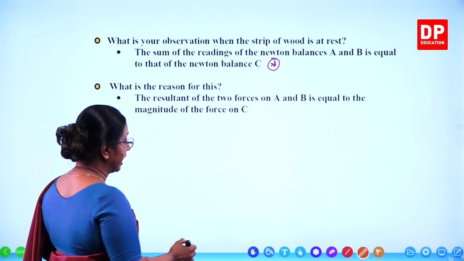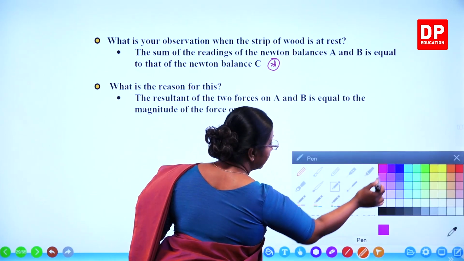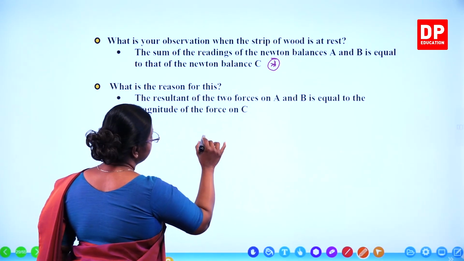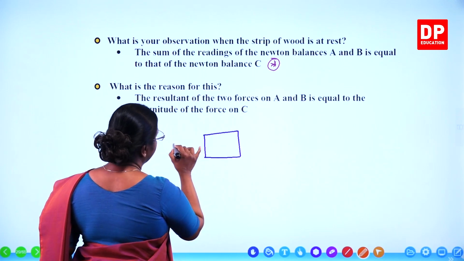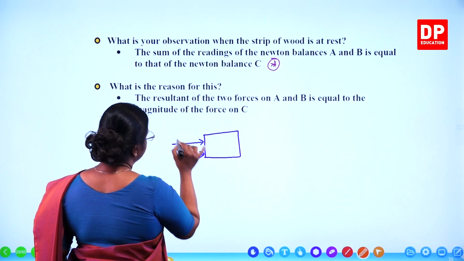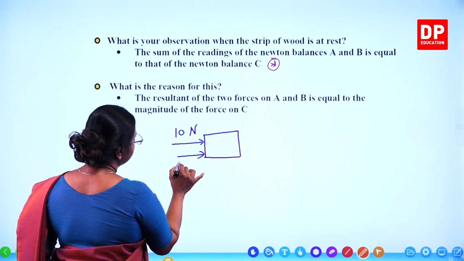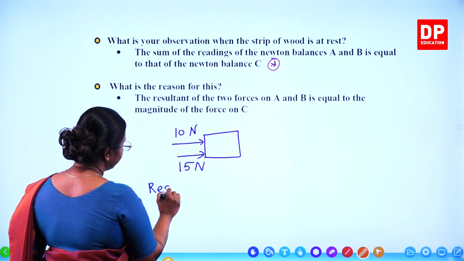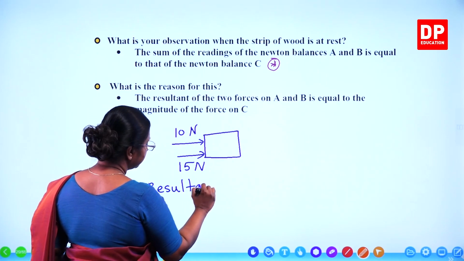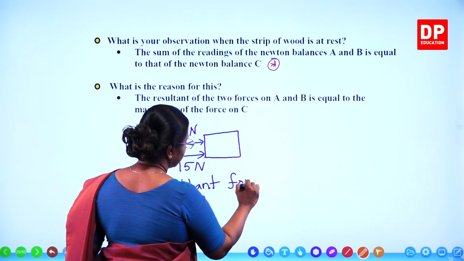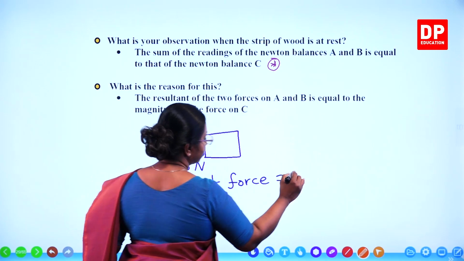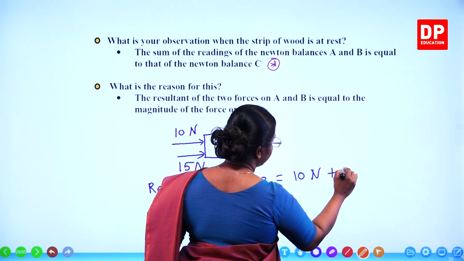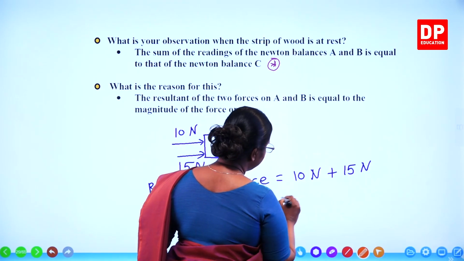So, if you are to calculate the resultant of forces, that is parallel forces acting on an object, let's say this was 10 Newton, this was 15 Newton. So, the resultant force equals the sum of the two forces, 10 Newton and 15 Newton.